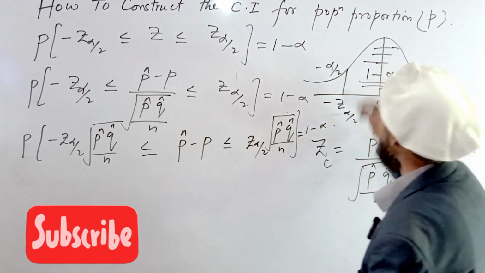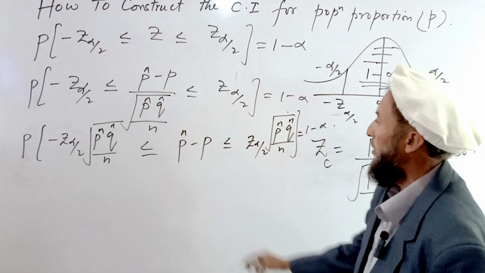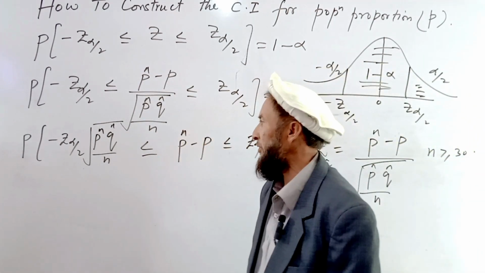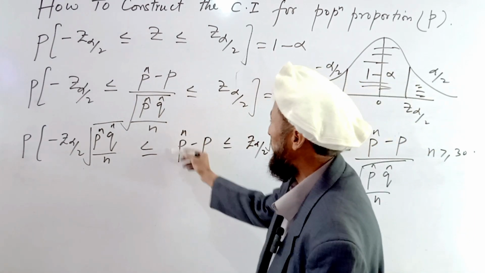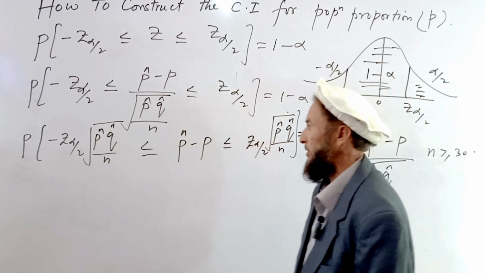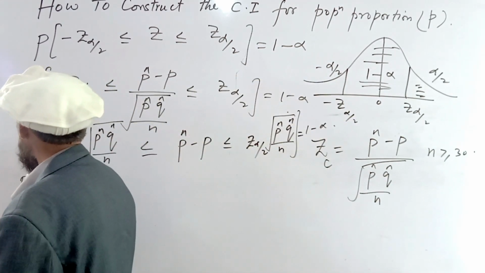Now we require the population proportion construction. So here we try to finish p hat, this is the sample proportion. We subtract p hat from each side within the brackets.